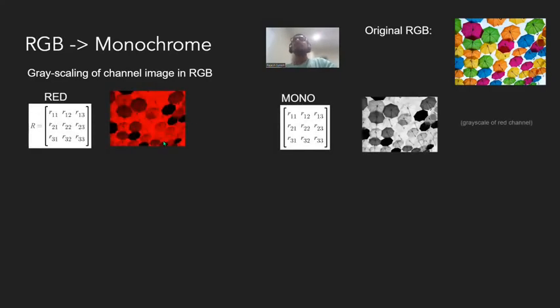Over here, we have isolated a red channel, and we have grayscaled that red channel also. One interesting thing you'll notice is that the grayscaled version and the normal version both have the same values, but they have different pictures. How can this be? It's because the color scales and the grayscales interpret the values differently.